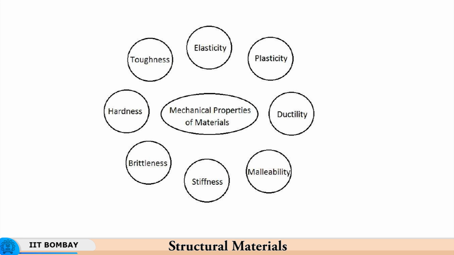Beyond a certain load, the material changes its shape permanently. So, at light loads there is an elastic change in shape, meaning a temporary change in shape, but beyond a certain load, it will change its shape permanently, and then bringing it back to its original shape becomes extremely difficult. So, plasticity refers to a permanent change in shape.